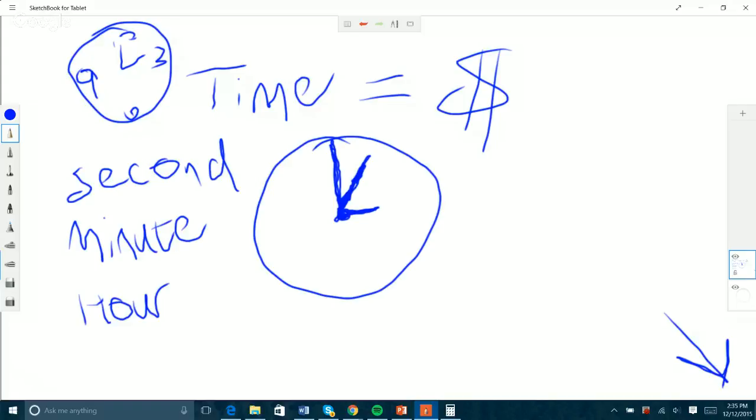That's a short, long hand, short and slow hand. Very slow. Trust me, it will be slow.